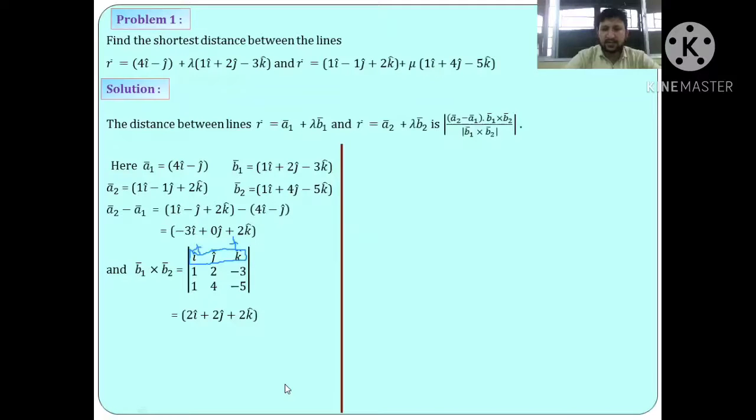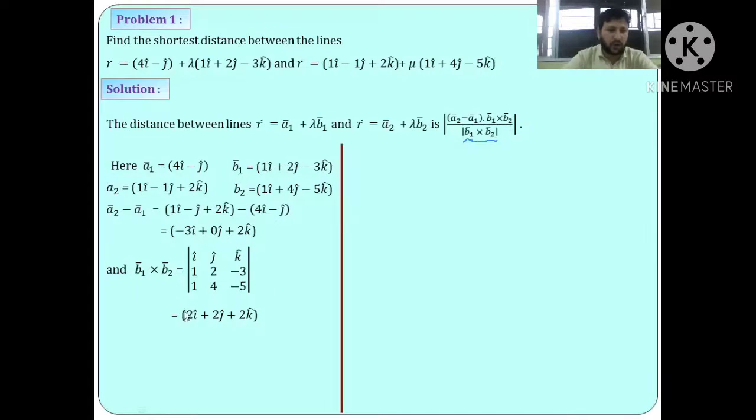After getting this vector product value, the next calculation is finding the magnitude of b1 bar cross b2 bar, and one more dot product of a2 bar minus a1 bar with b1 cross b2. Let us see the next step.